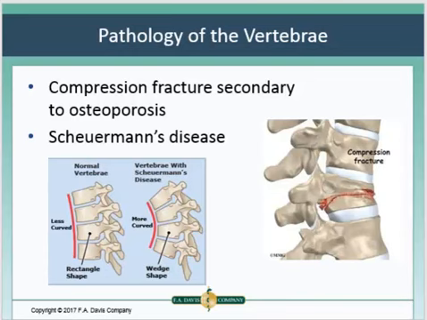And the final vertebral pathology we're going to talk about is Scheuermann's disease. This is a disease that usually occurs in younger individuals, so around the teens. It is a congenital and degenerative weakening of the vertebral end plates, and it usually causes an increase in thoracic kyphosis. So the normal curve is here. Somebody with Scheuermann's, they have a significant curve.